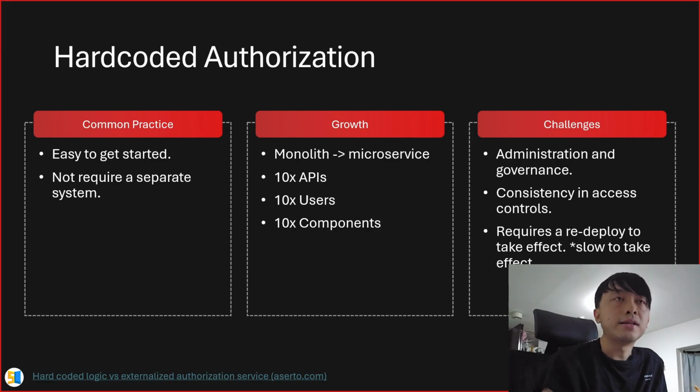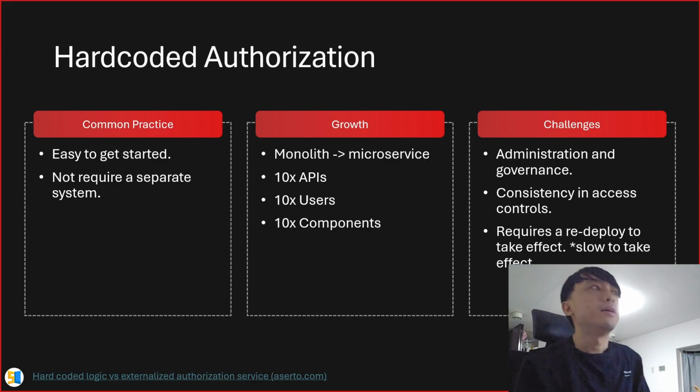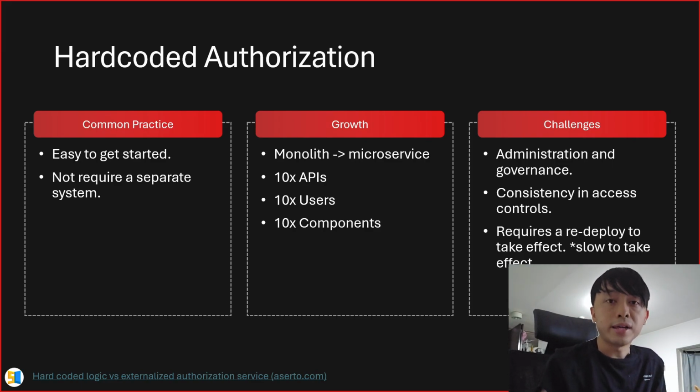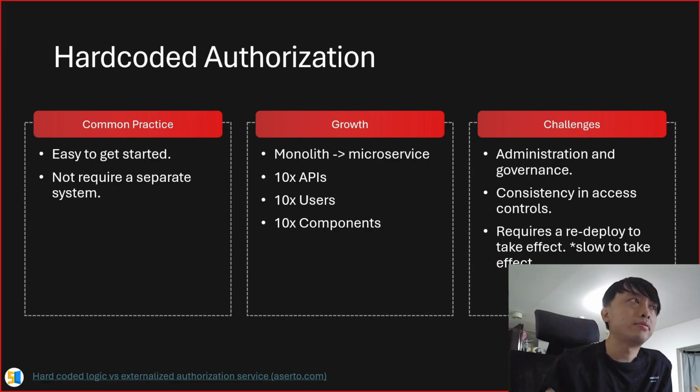One is challenges in administration and governance, because we put the authorization logic here and there. So when we want to audit the authorizations, it might be challenging. Then there is consistency in access control, because we may implement it in different ways since we put it in separate places. So we may have issues in the consistency of authorization implementations.